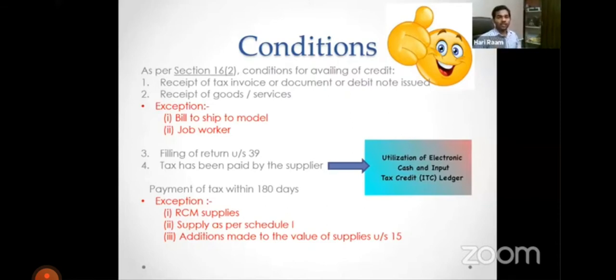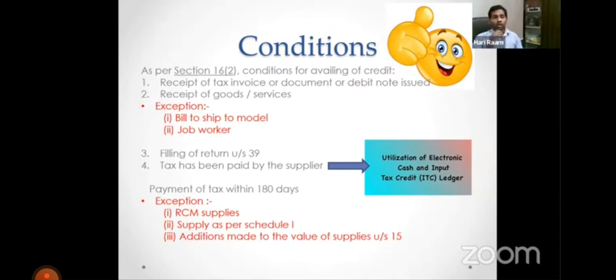There are 2 exceptions we can deal with lastly. Then the recipient should have filed the return under section 39, and the supplier should have paid the tax to the respective government, by utilizing electronic credit or by cash. These 4 conditions should be satisfied under section 16.